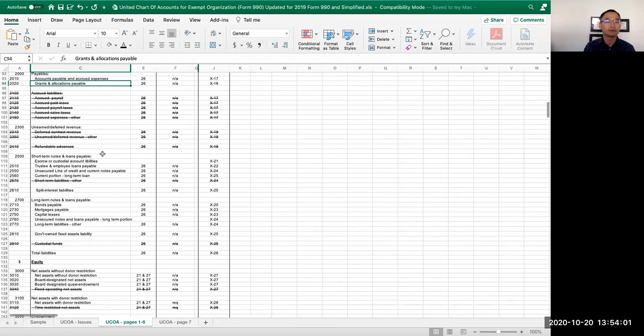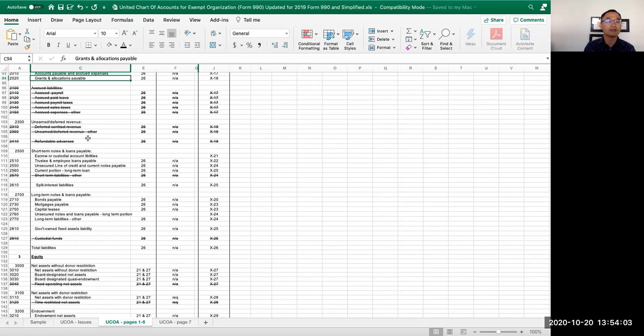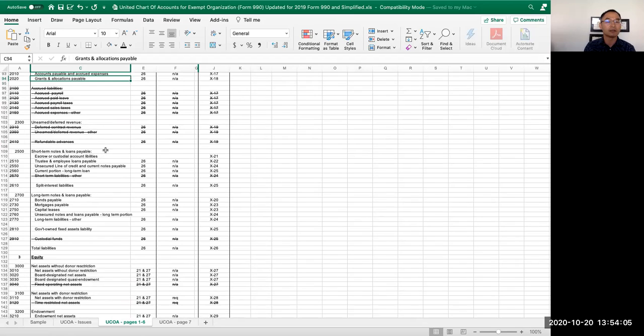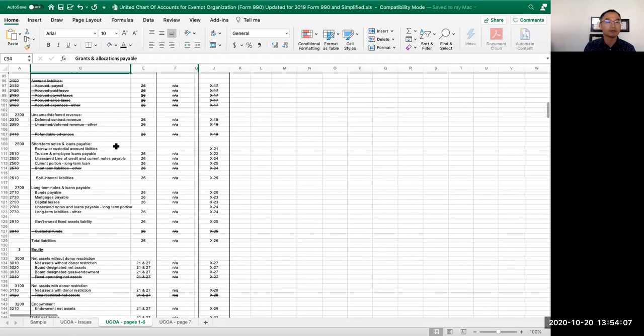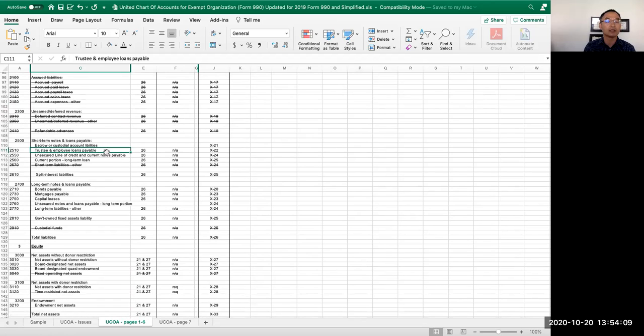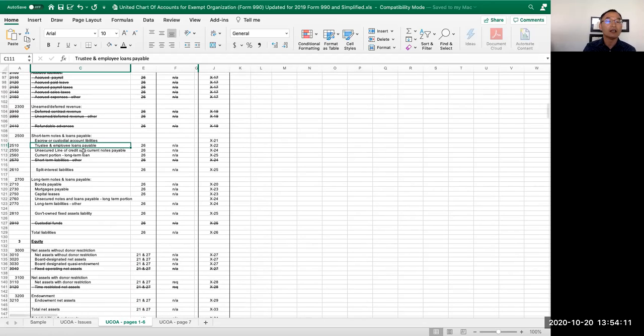And I got rid of all of these deferred revenues because you can just put it in here. And then short-term notes and the long-term and the loans payable, so we still put it here. So here, escrow and the custodial account liability. Previously it was here, but I moved it here as a current liability.